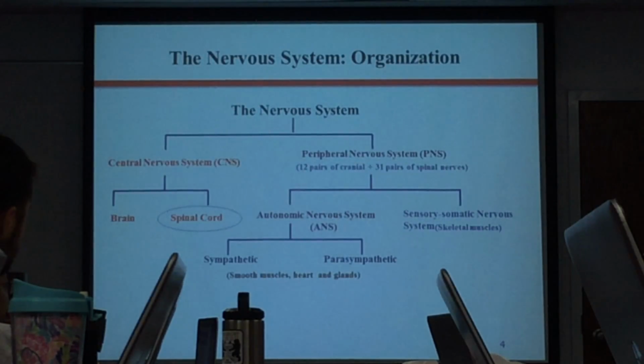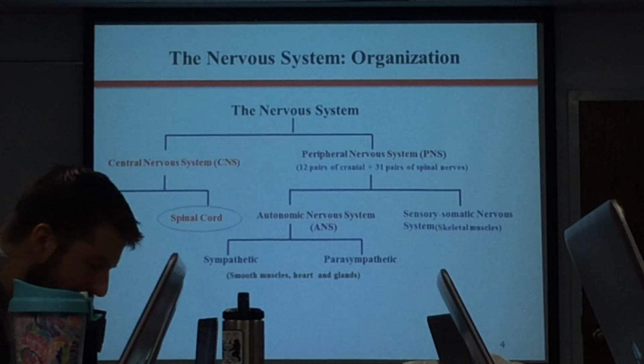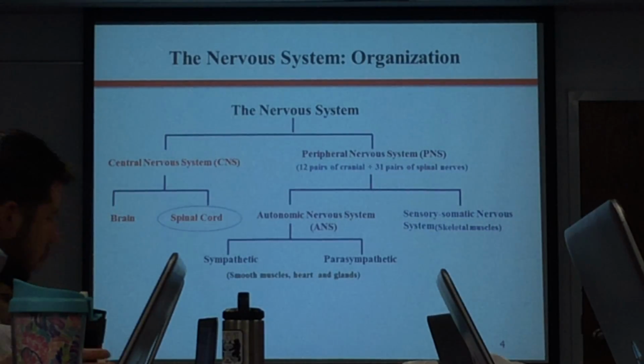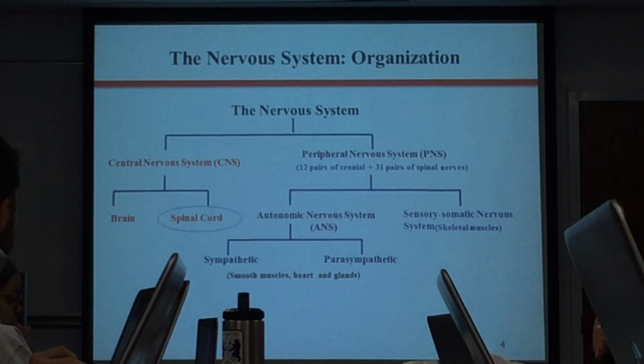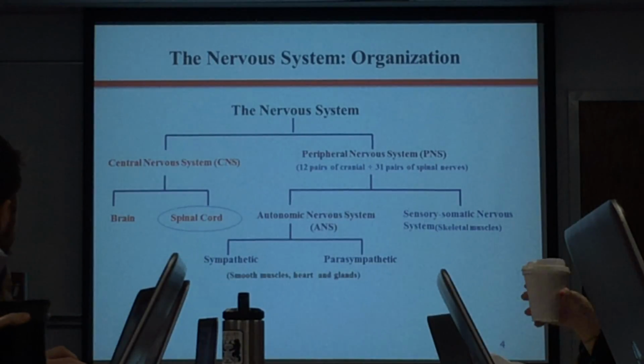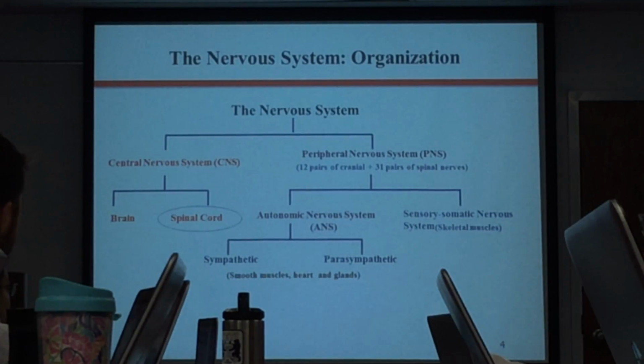Okay, so let's start with the structure of the nervous system. So the nervous system is divided into the two divisions based on the location of the system. So you already learned the central nervous system, which includes the brain and the spinal cord.